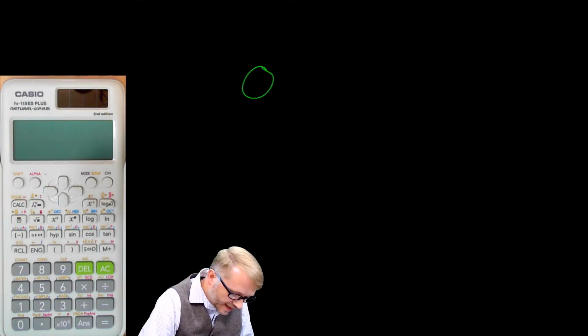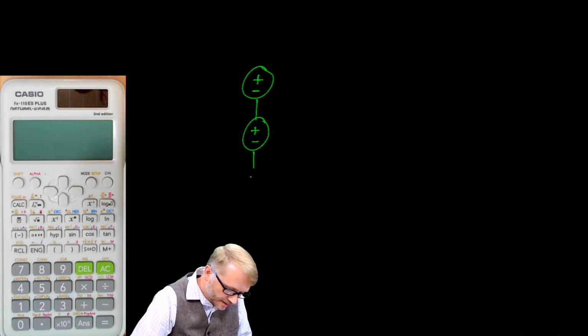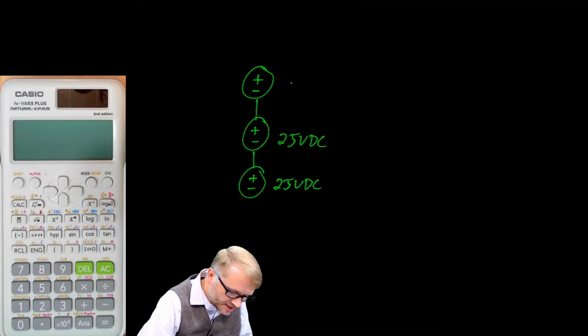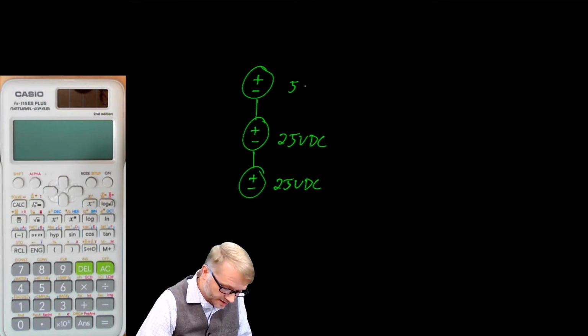In that same lab, you connected up power supplies like so, where this was a 25-volt power supply, this was a 25-volt power supply, and you stacked that other independent power supply there.